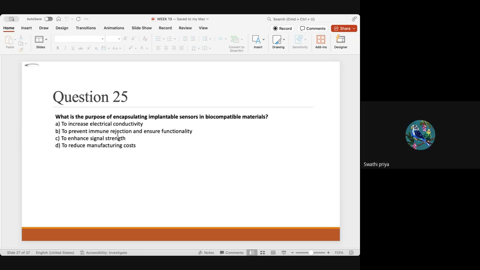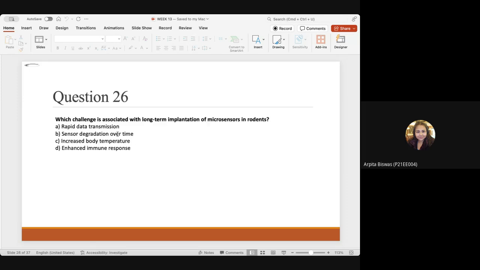Option B. No? Yes, option B is the right option, to prevent the immune rejections and ensure functionality.